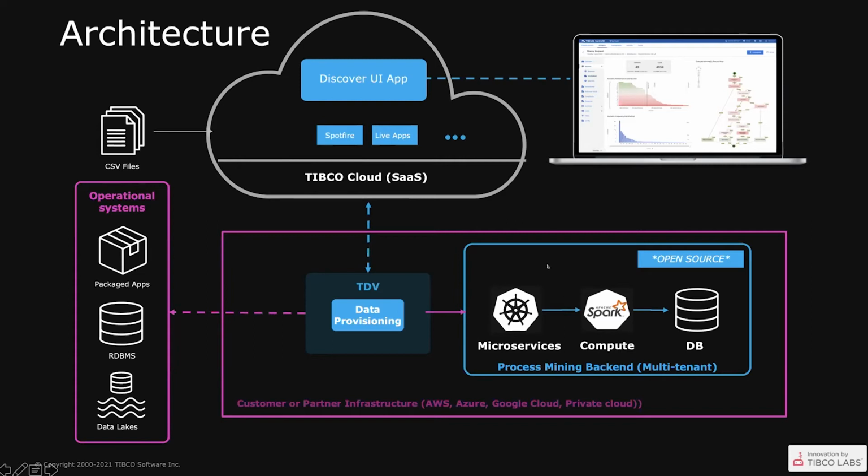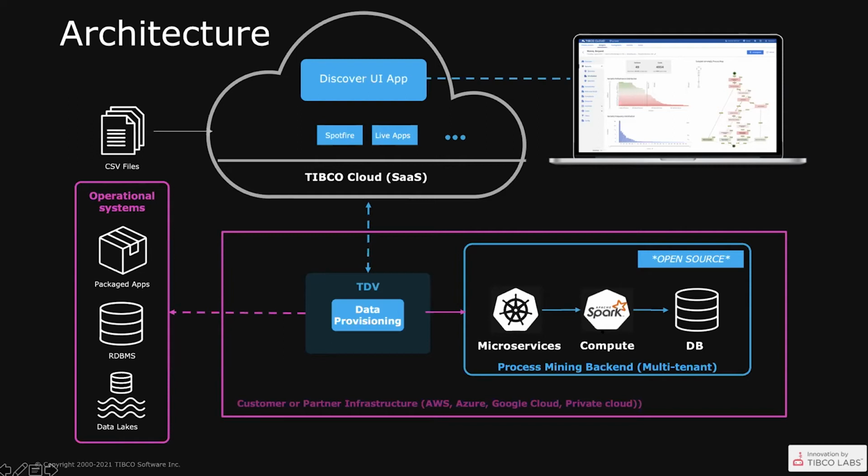We also provided an API approach with a bunch of microservices that you install and run in Kubernetes. First of all, you can run it on any platform you like, whether AWS, Azure, or Google Cloud Kubernetes services, or you can install it on a private cloud as well.